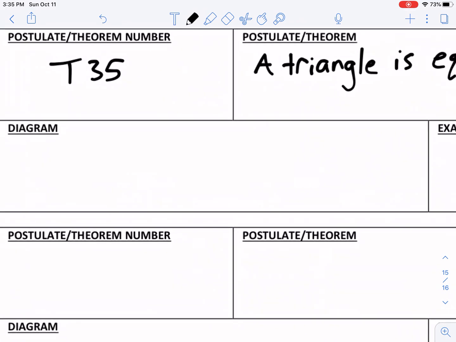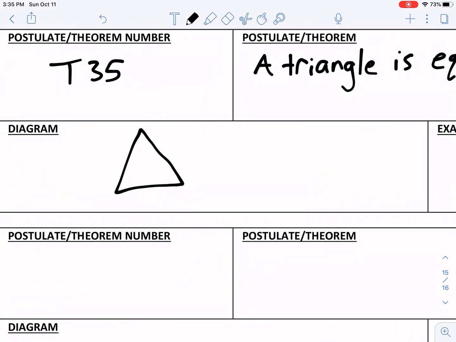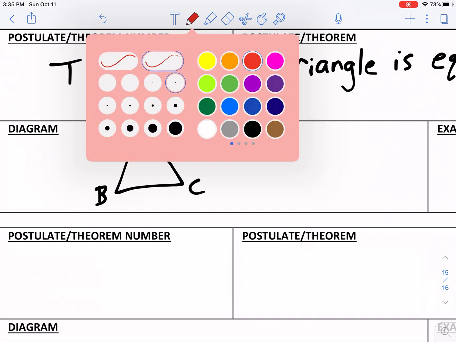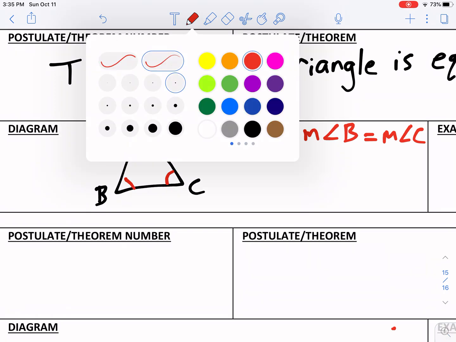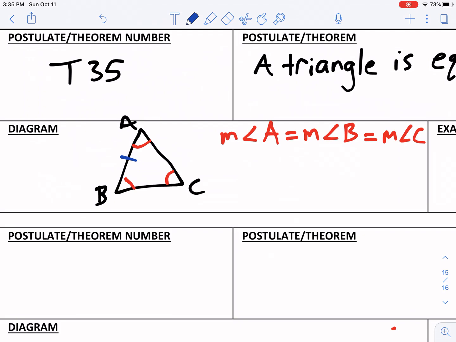So let's look at this triangle and label it A, B, and C. If all three angles are the same, so the measure of angle A equals the measure of angle B, which is equal to the measure of angle C, that'd be equiangular, then all the sides also would be the same. So AB would equal the measure of AC, which would equal the measure of BC.